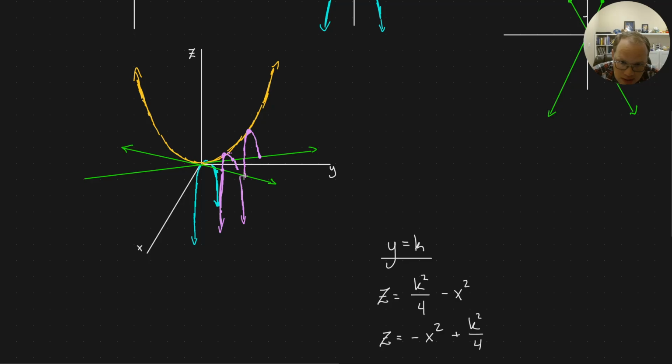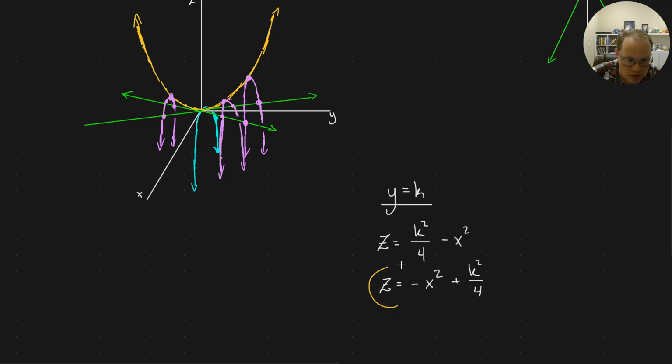Okay, so it's hitting these points, hitting these other traces. And in the other direction too. As the y goes further in the positive direction, I just take that same parabola, z equals negative x squared, and I'm just shifting it up.